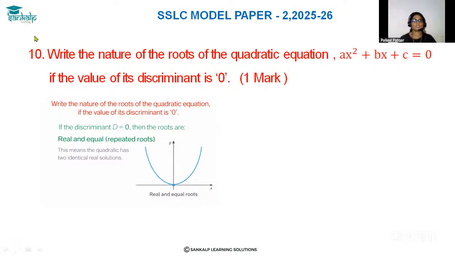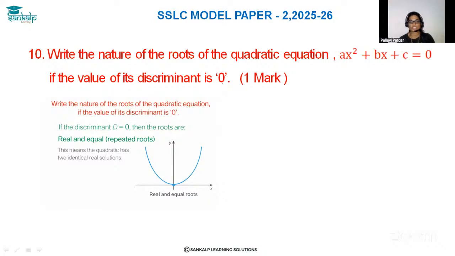Hello everyone. Look at the question number 10. Write the nature of the roots of the quadratic equation ax square plus bx plus c is equal to 0 if the value of its discriminant is 0.